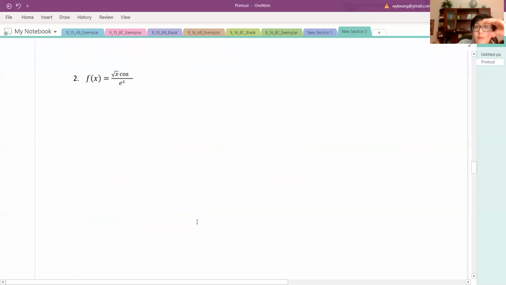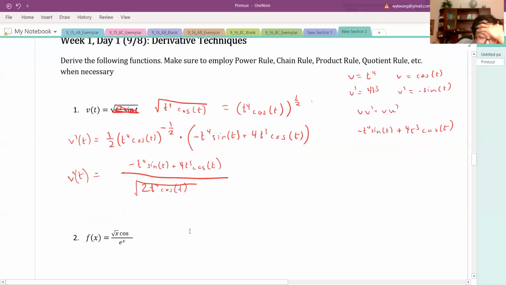Awesome. Now the next problem is just as annoying, to be honest. So I'm going to do, how can I simplify this? Let's do, okay, there should be cosine of x first of all.